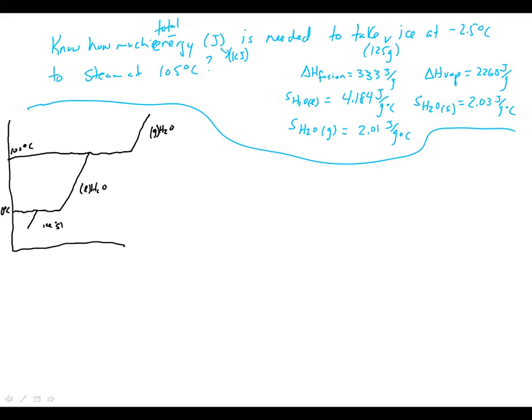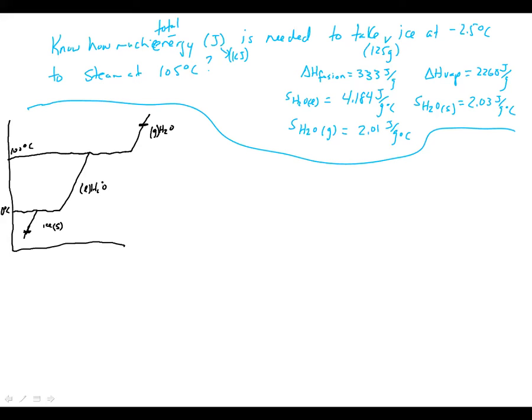Really our solid. In this process, we want to figure out how much energy is required to take our ice cube from down here, starting here, all the way up to here.